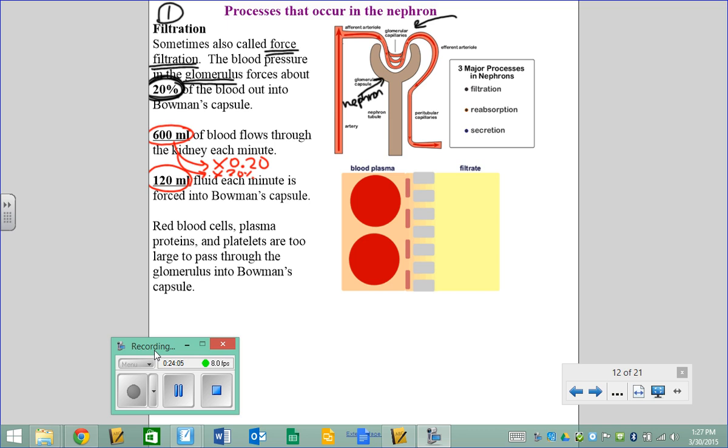Now, here are the things that should stay in your blood. Red blood cells should stay in your blood to filter. Proteins should not go through the filter.